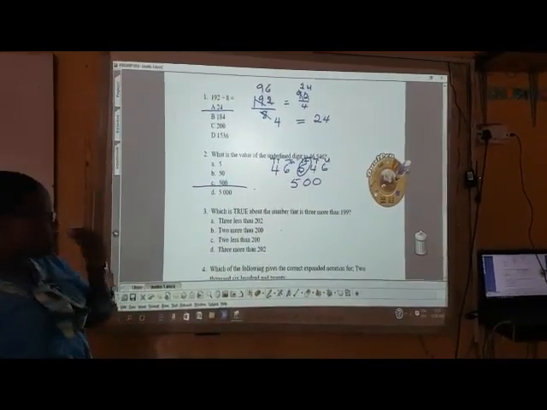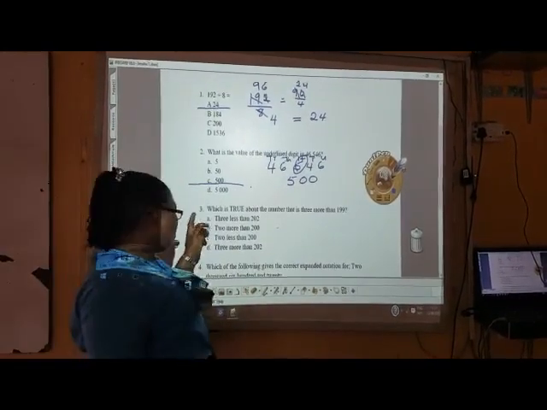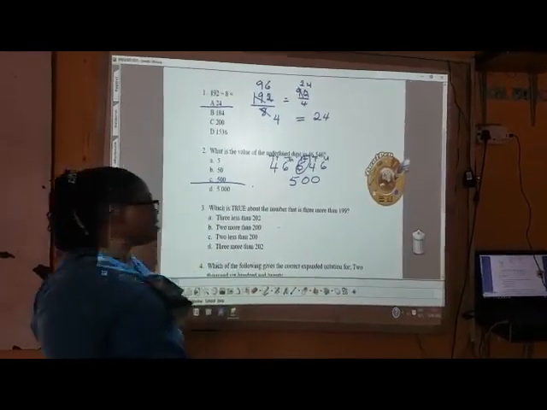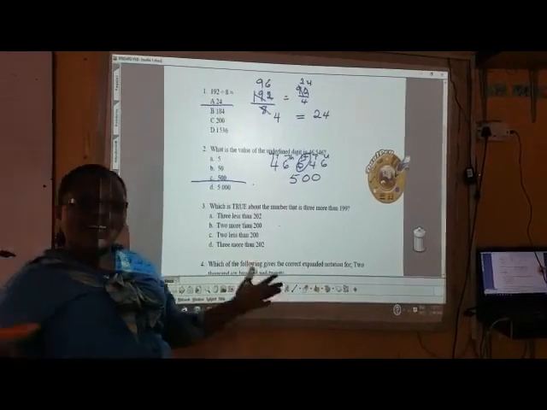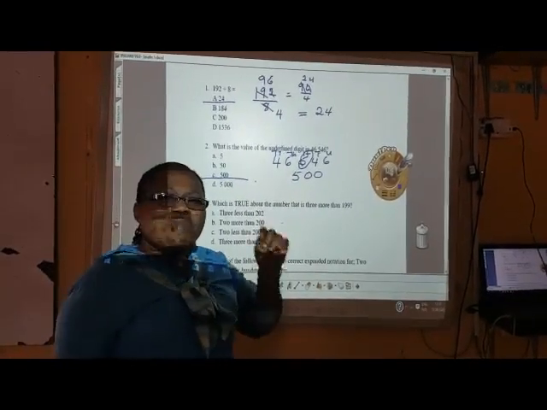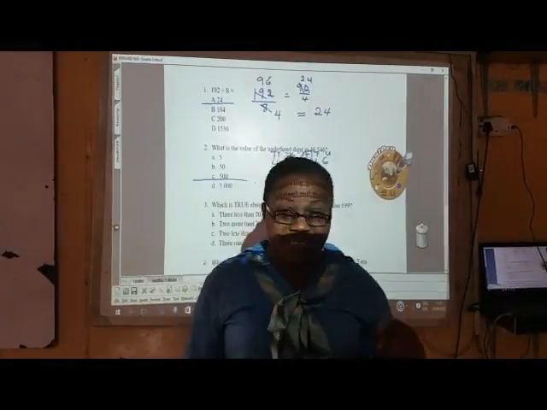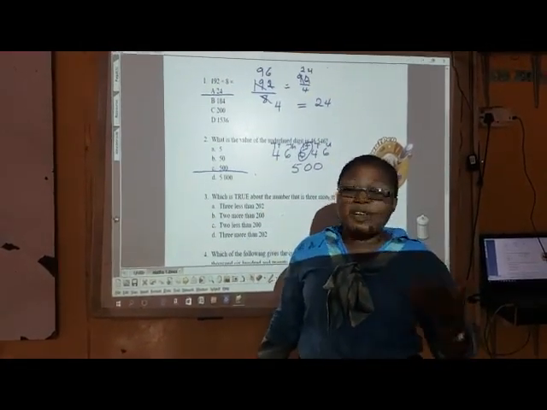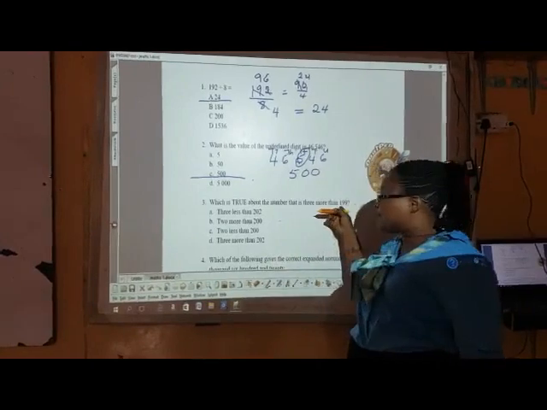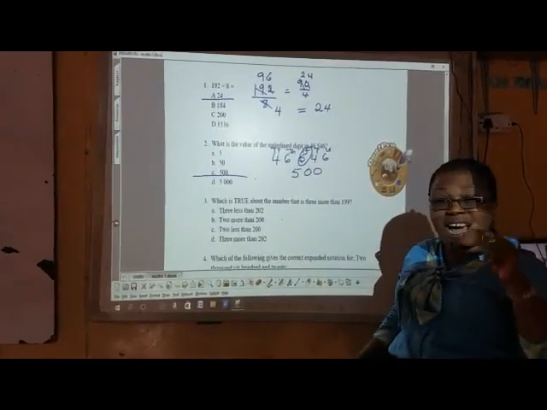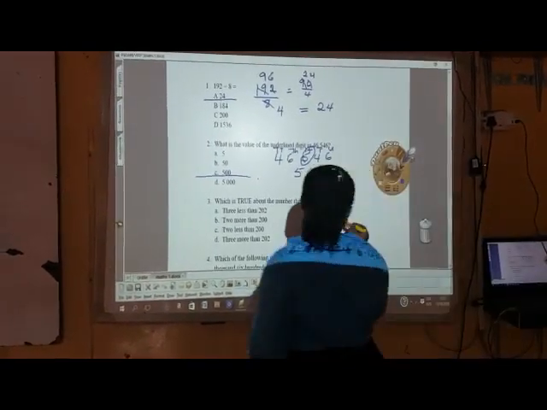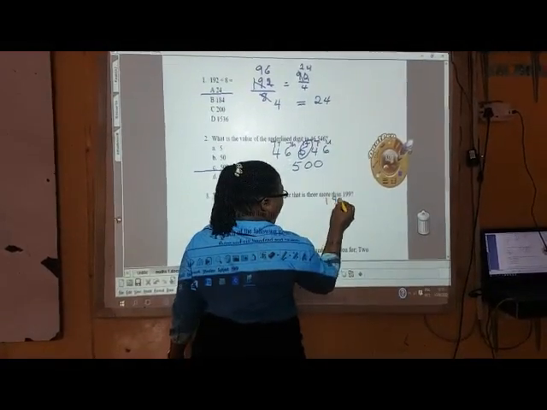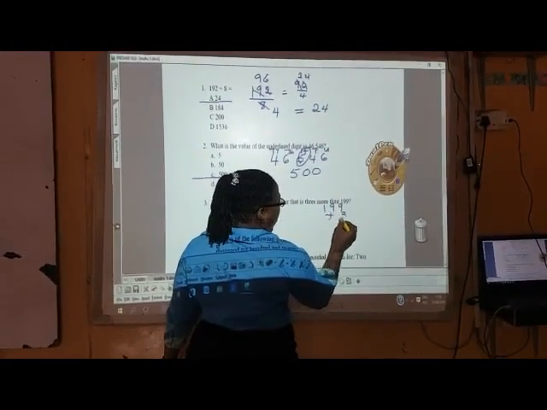Question 3. The question is, which is true about the number that is 3 more than 199? When we say 3 more than 199, it means you have to add 3 to 199. This is 199 plus 3.